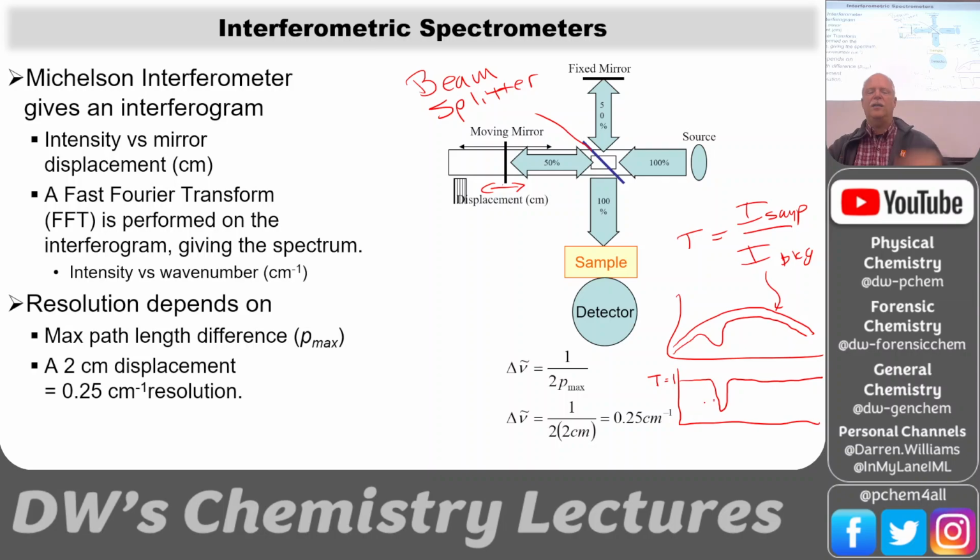And then we take minus log of that, and we get an absorbance spectrum. And it looks like this. So that's what we see. So that's how we turn the interferometric measurement into an absorption spectrum. I'll write it over here, absorption.